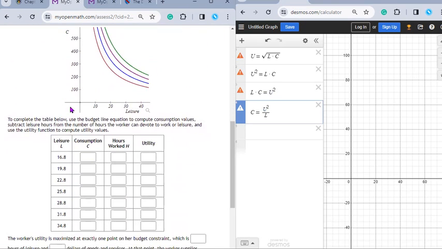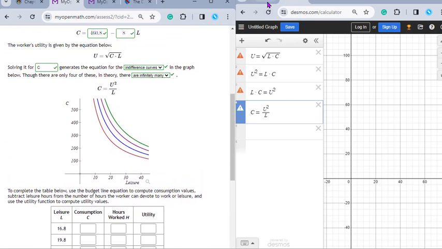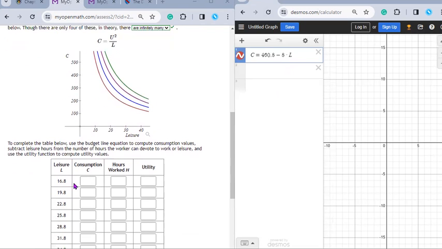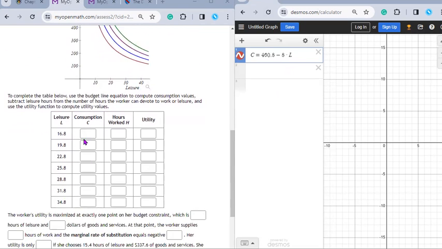Okay, so let's fill out the table here. We're going to use the budget line first. Let's go back to Desmos here. We're going to use this budget line to calculate the consumption levels, right? As our leisure increases, we're working less, right? Let's do this. I'm going to set leisure equal to, say, 16.8.